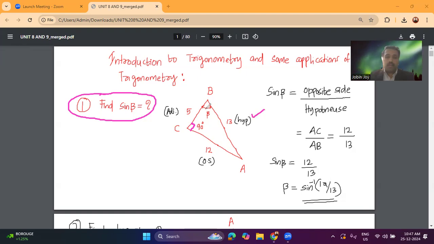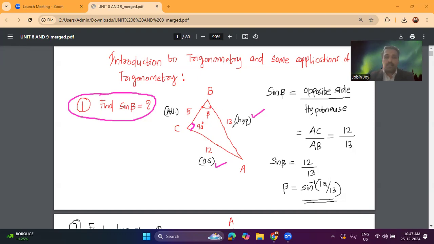Here, angle B is the angle beta. So the side opposite to this angle is called the opposite side. So AC is the opposite side. So BC is called the adjacent side. So these are the three sides: opposite side, hypotenuse, and adjacent side.